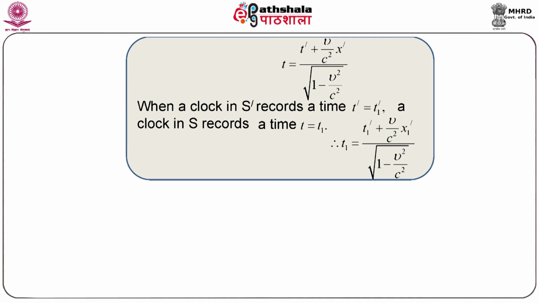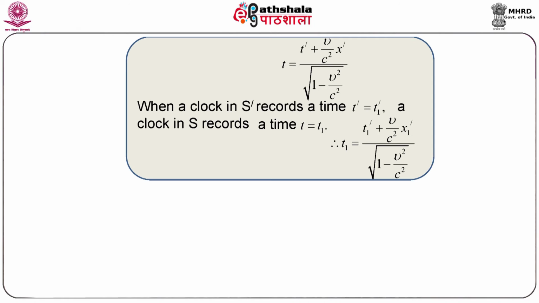From Lorentz transformation formula, we have t equal to t dash plus small v divided by c square into x dash, divided by square root of 1 minus v square divided by c square.